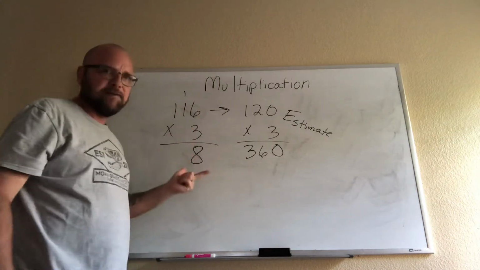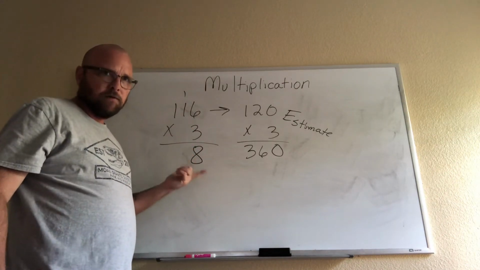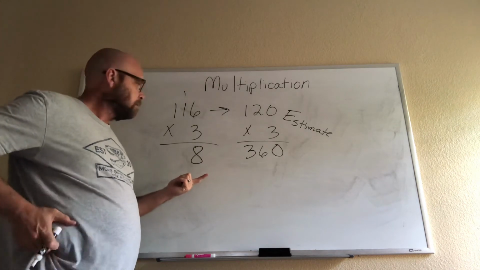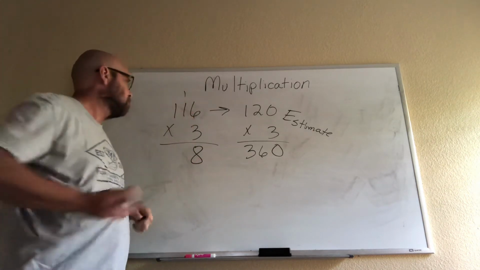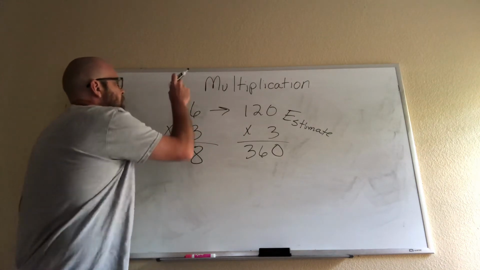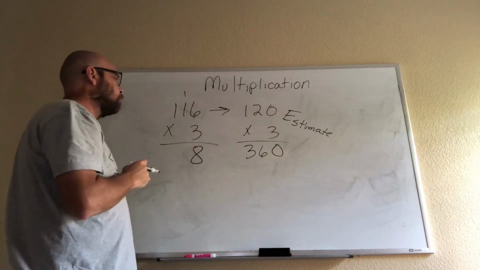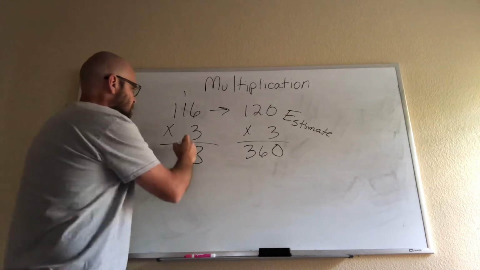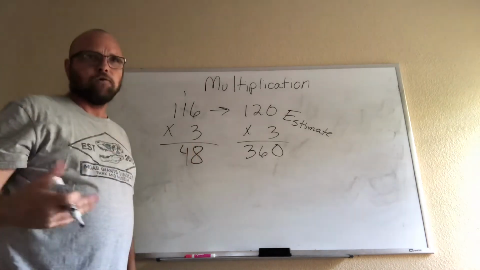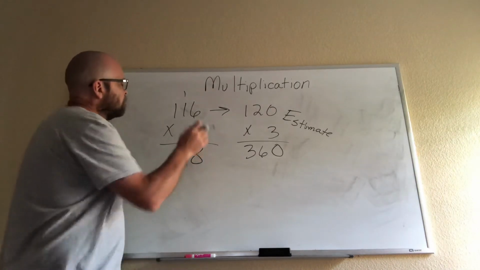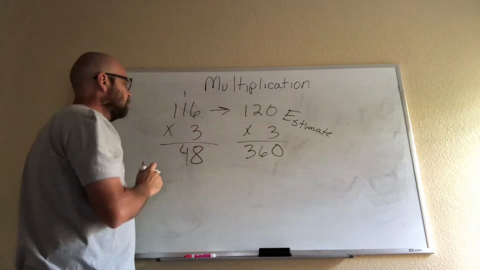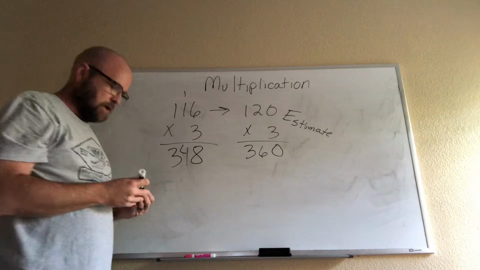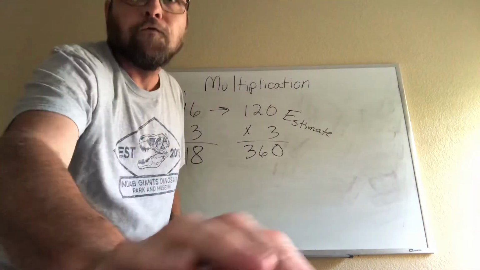Because that means I have 18 ones. I don't want to carry around 18 ones in my pocket, so I change it for 8 ones and 1 ten. 3 times 1 is 3. Plus 1 more is 4. So I have 4 tens. I can keep 4 tens, 4 ten-dollar bills. I don't want to trade that in. So I have nothing to carry over to my hundreds. 3 times 1 is 3. And so then I get an answer of 348.